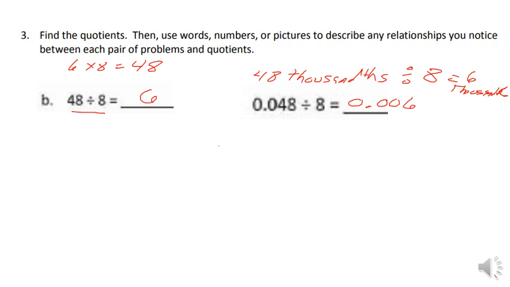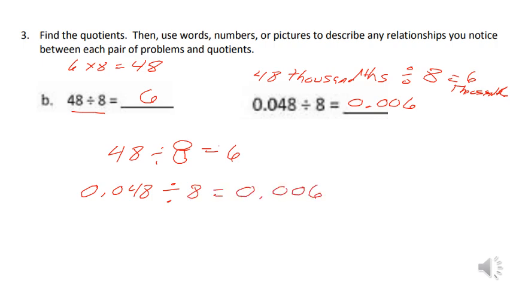Now, if you notice, 48 divided by 8 was equal to 6. 48 thousandths divided by 8 was equal to 6 thousandths.